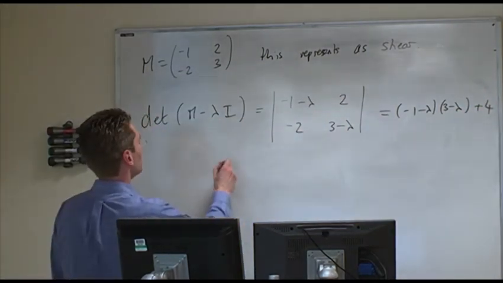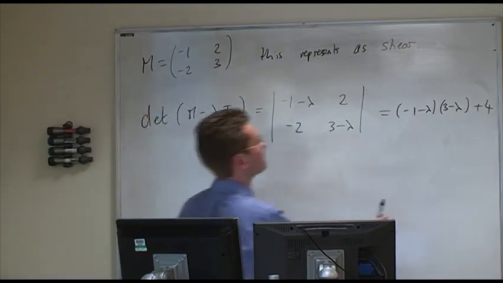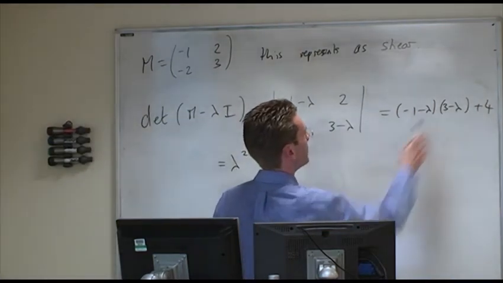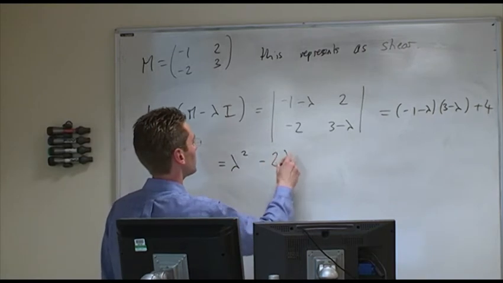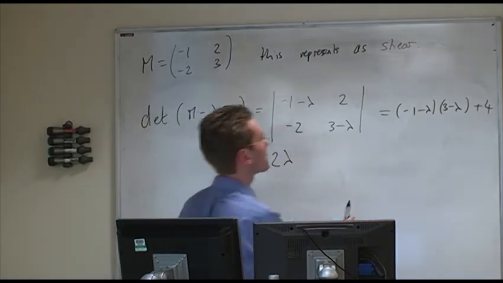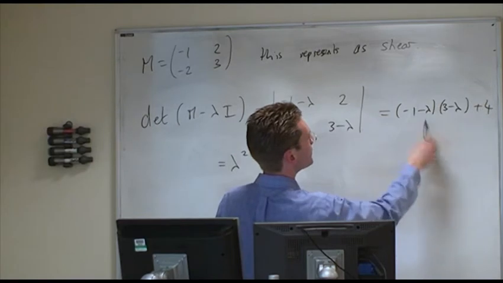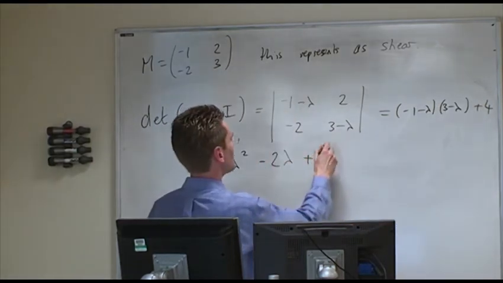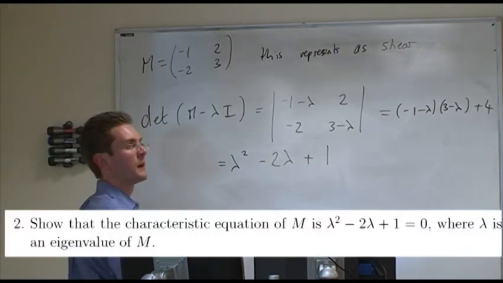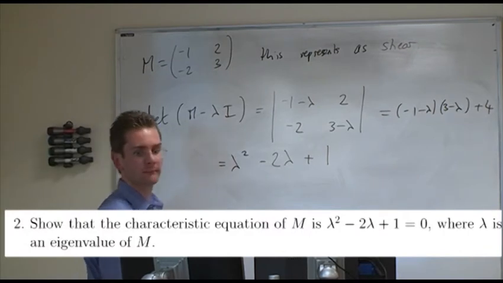Let's expand that. Lambda squared. I have a plus lambda minus 3 lambda, so that's minus 2 lambda. I have minus 3 plus 4, so that becomes plus 1. And indeed, that is the expected result.